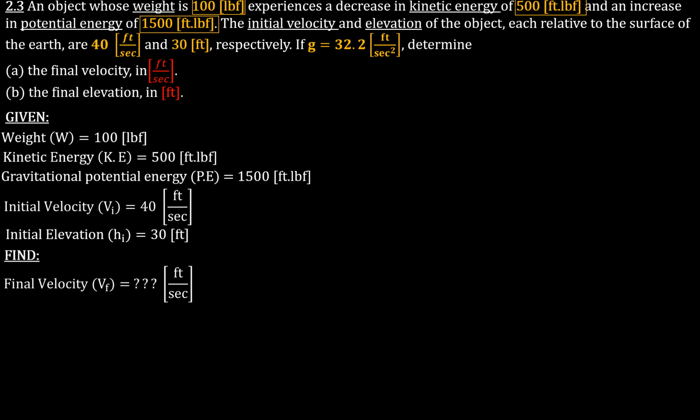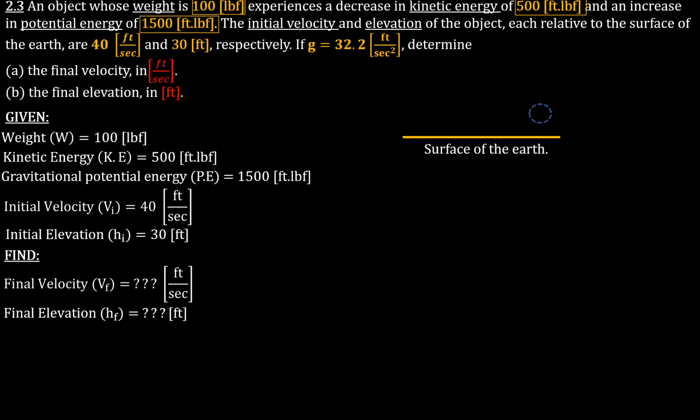What are we asked to find? We are asked to find the final velocity in feet per second and the final elevation in feet. So here we will have the surface of the earth, which is the datum or the reference.